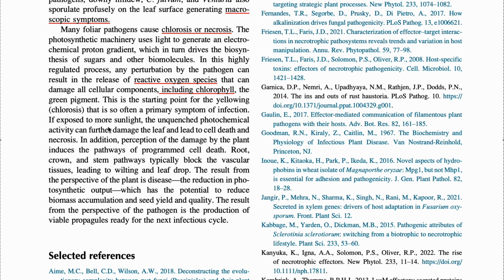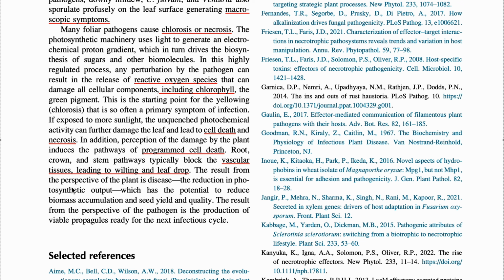Now, if exposed to more sunlight, the unquenched photochemical activity can further damage the leaf and lead to cell death and necrosis. In addition, perception of the damage by the plants induces the pathways of programmed cell death (PCD). Root, crown and stem pathogens typically block the vascular tissues, leading to wilting and leaf drop.